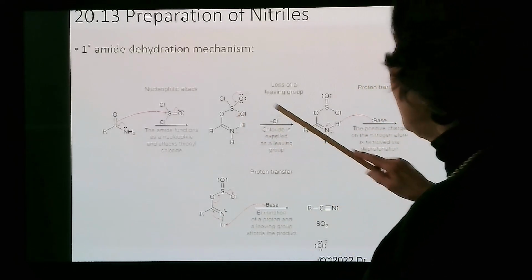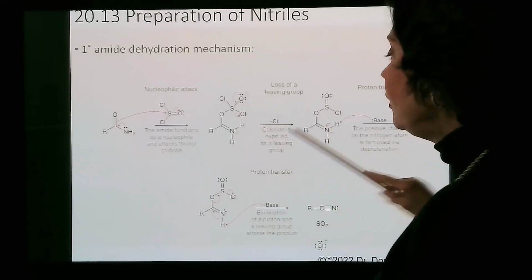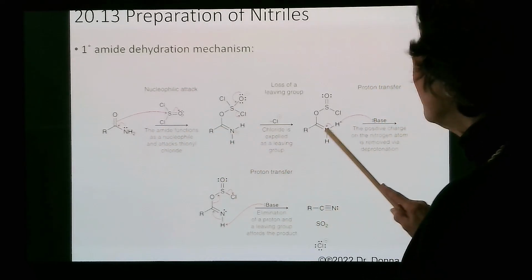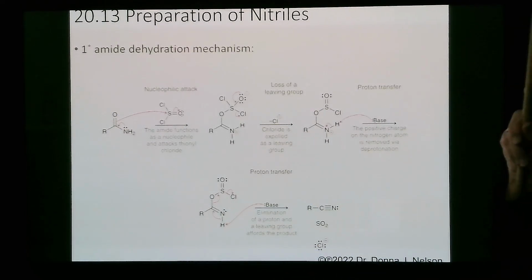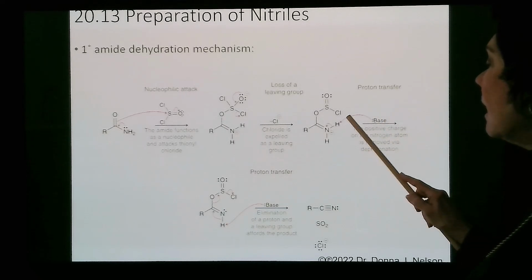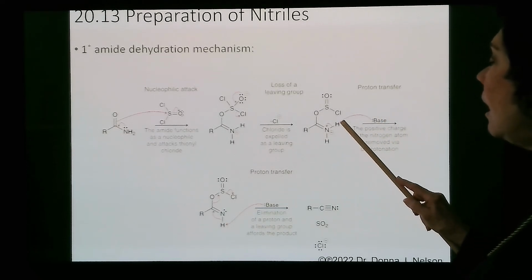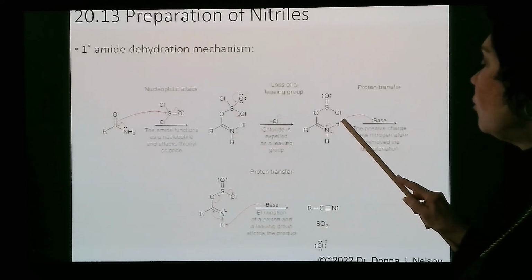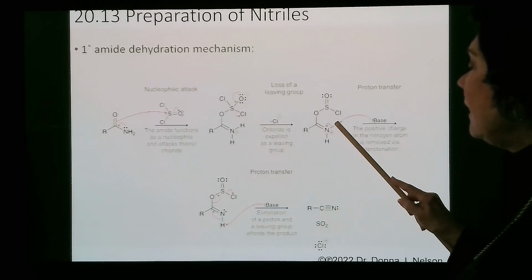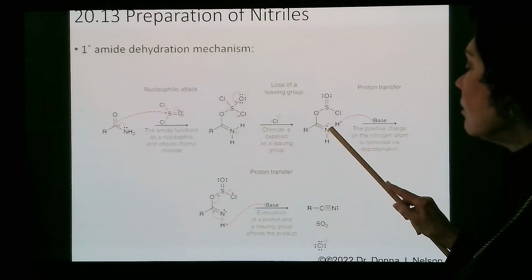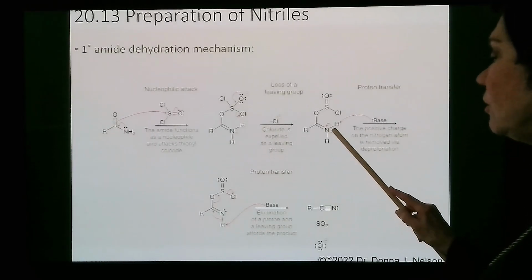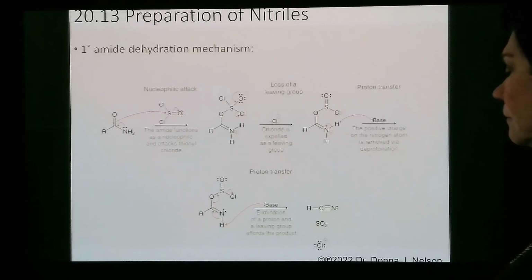So now you have this intermediate, which still has the nitrogen bearing a positive charge. Now, you have a base comes in, deprotonates, removes this proton, and so the pair of electrons in an NH bond moves back onto nitrogen, satisfying the positive charge on nitrogen.